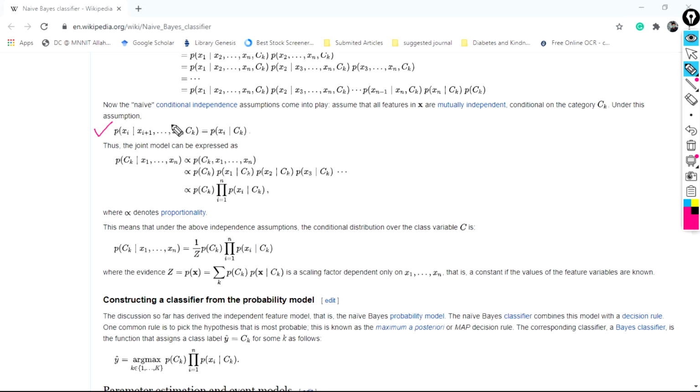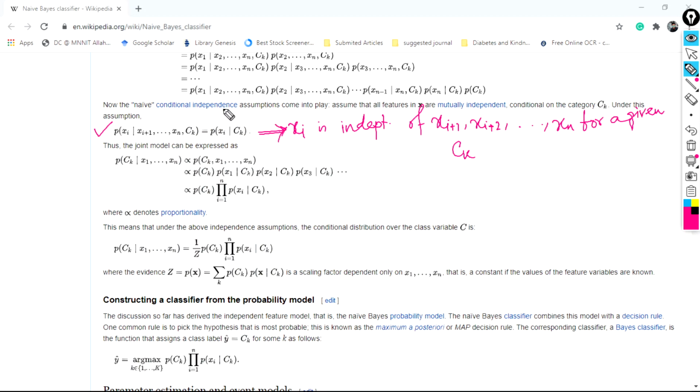Here xi is independent of xi plus 1, xi plus 2, up to xn, for a given class label CK. That is all this means.